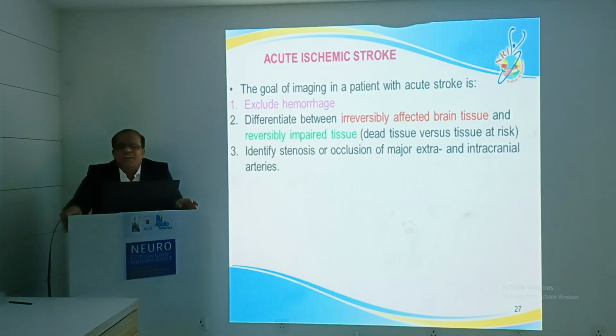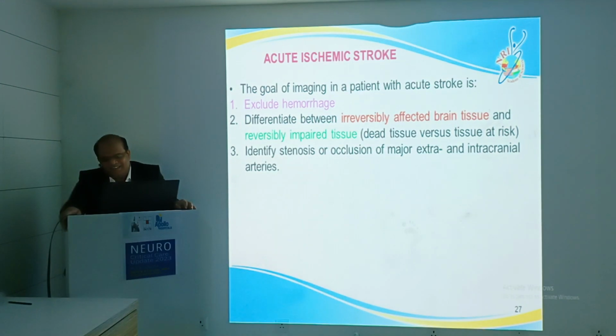So whenever you get an acute ischemic stroke patient in your ICU, what is your main aim in performing the CT scan? The first main aim is to exclude hemorrhage.